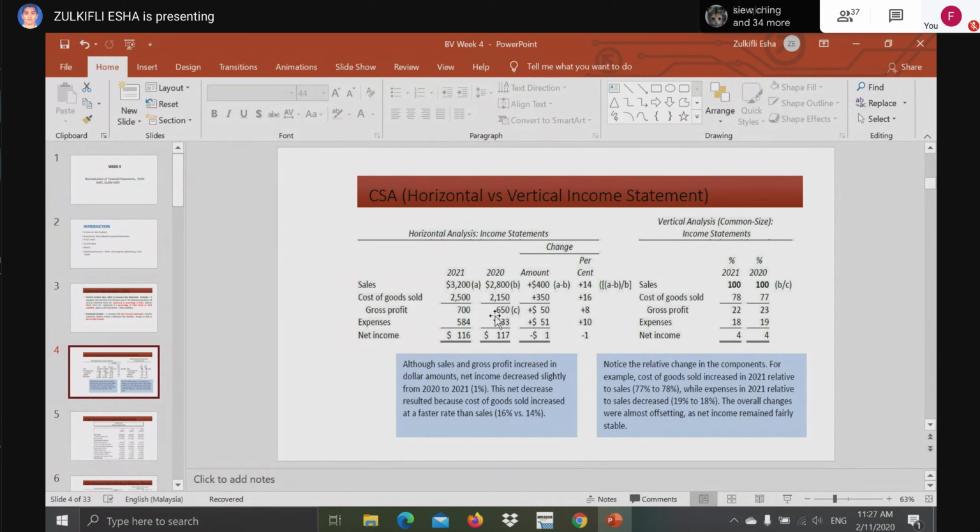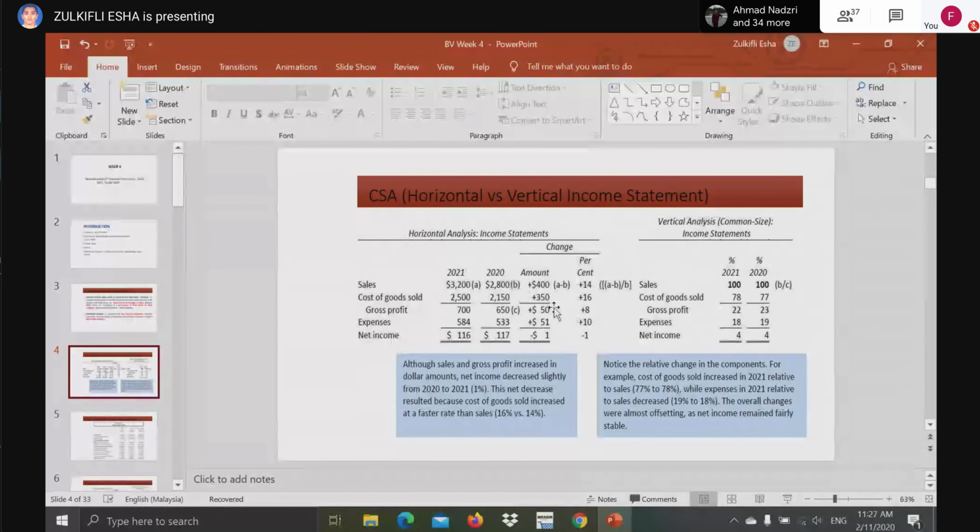But if you look at the cost of goods sold, in 2020 it is 2,150, whereas in 2021 the cost of goods sold increased from 2,150 to 2,500 ringgit.